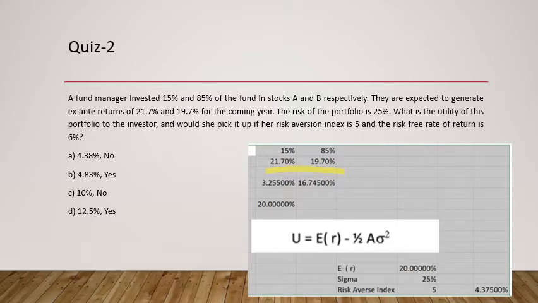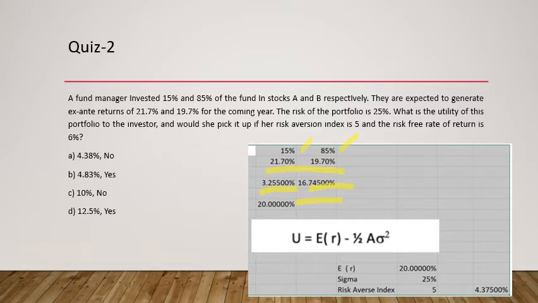What is the weightage for each of the assets, so 15% and 85%, and then what is the return that has been given, so 21.7% as we can see here, and 19.7% for the second one. Then we multiply 15% with 21.7% and 85% with 19.70%. These will be the solution that we will get. Okay, and then you add both of them, and this amount that you are getting is your portfolio return.